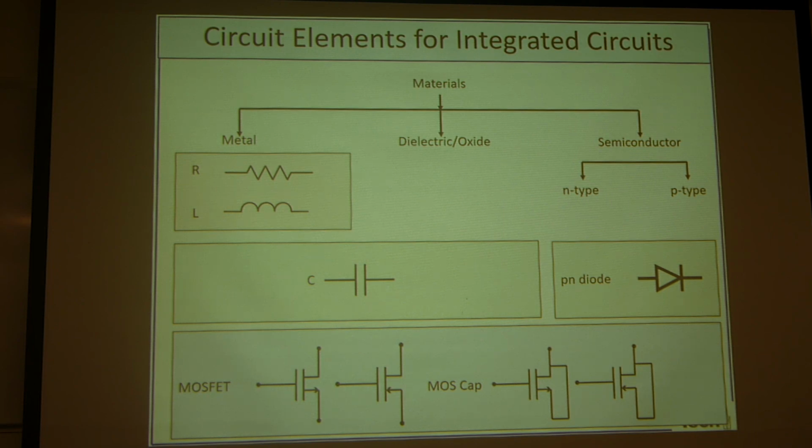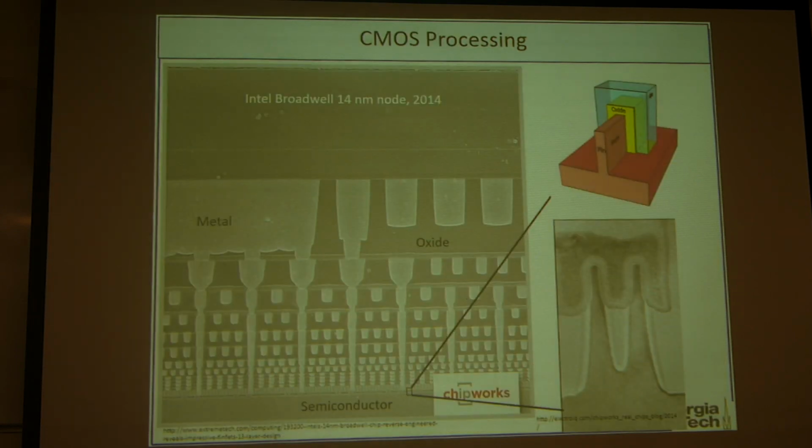And finally, if we merge these three materials all together, we get a metal oxide semiconductor field effect transistor, which is the most widely utilized transistor in the industry, and it's also the basis for integrated circuits. I'll talk about the fabrication process guideline based on this MOSFET device, and also if we tie the source and the drain junction, like here, we can make a semiconductor capacitor as well. So, this is a brief summary of the circuit elements.